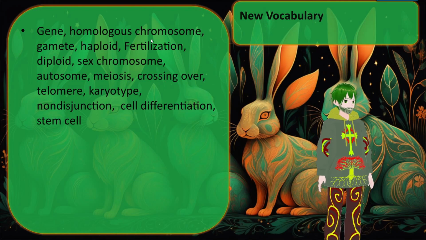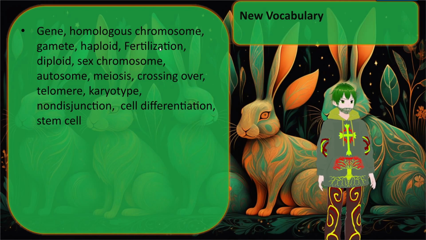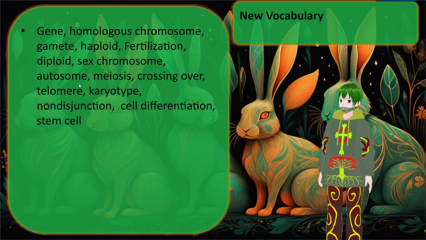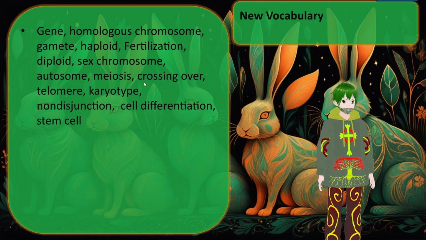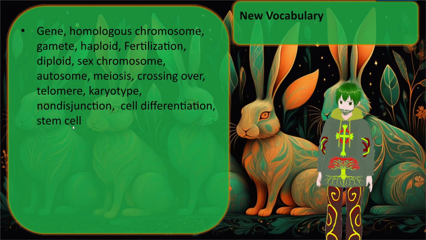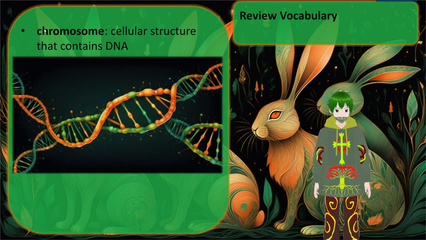Gene, homologous chromosome, gamete, haploid, fertilization, diploid, sex chromosome, autosome, meiosis, crossing over, telomere, karyotype, non-disjunction, cell differentiation, and finally stem cell. All great stuff.